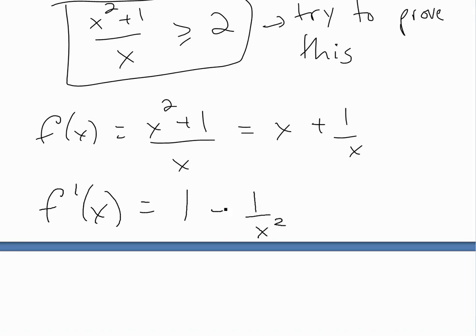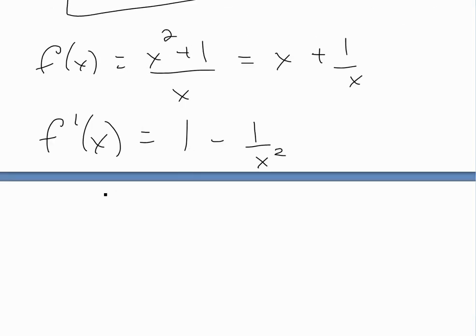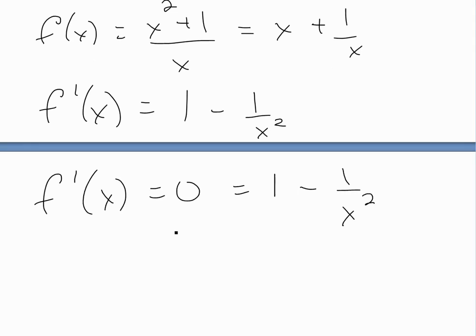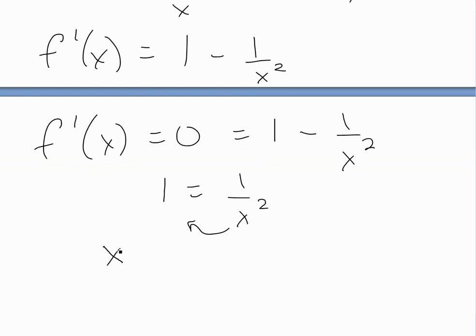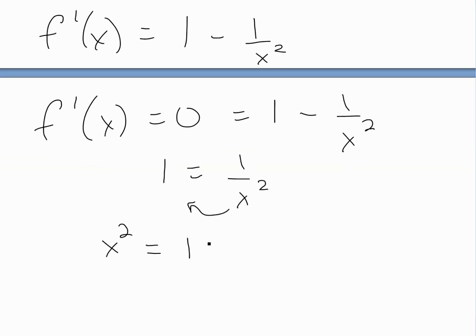Like always, you get the critical points by setting this equal to 0. So f prime of x equals 0 gives 1 minus 1 over x squared equals 0. Rearranging, 1 equals 1 over x squared, so x squared is equal to 1, and solving, x is equal to plus or minus 1.